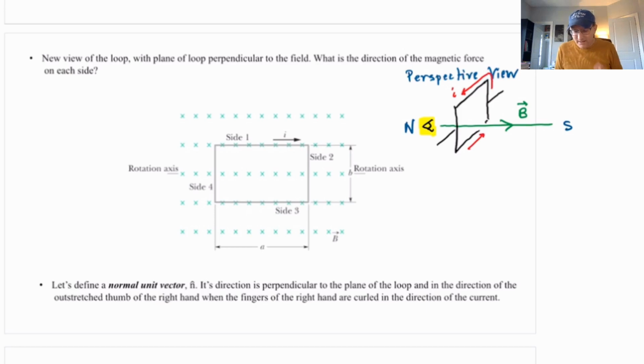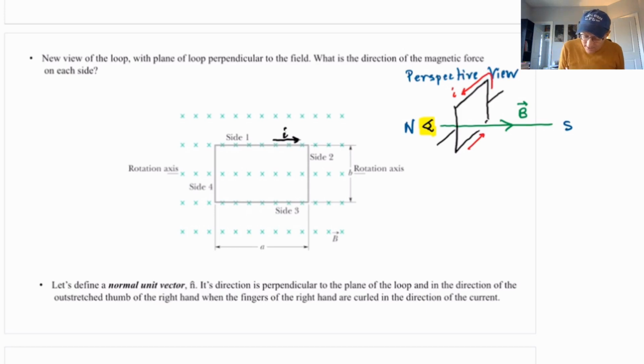And what I contend is it would look like what we see now in the middle of the screen. Okay, we would see a rectangle. We would see conventional current flowing, I, counterclockwise around the loop. It never disappears. It doesn't dissipate. It's just going around and around and around. We've labeled the rectangle with four sides. Side 1 at the top, side 2 at our right, side 3 at the bottom, side 4 at our left.